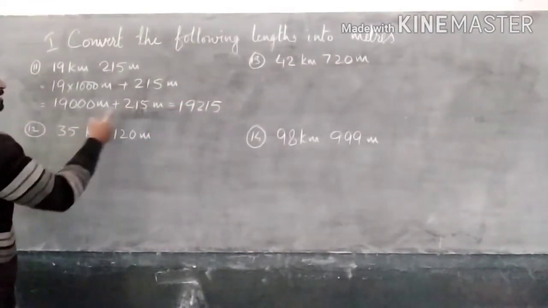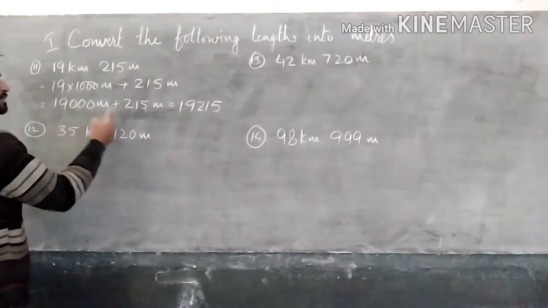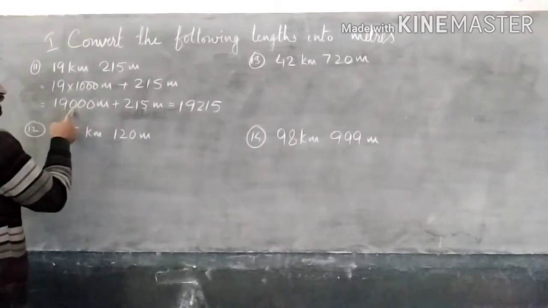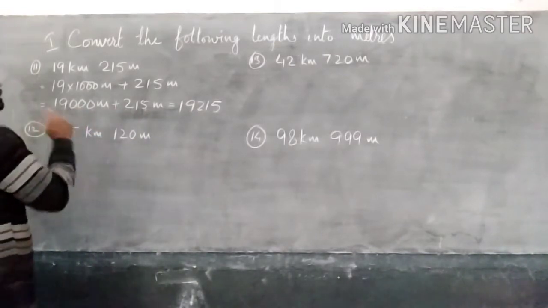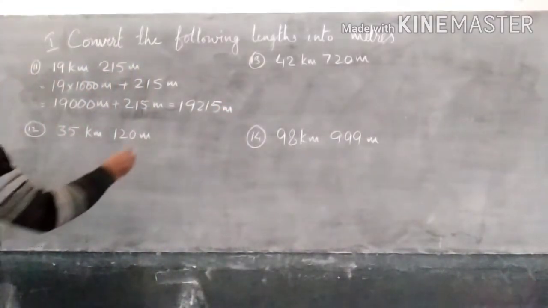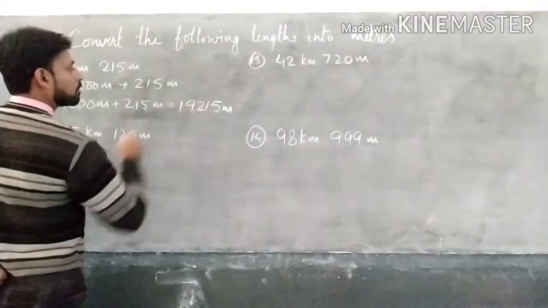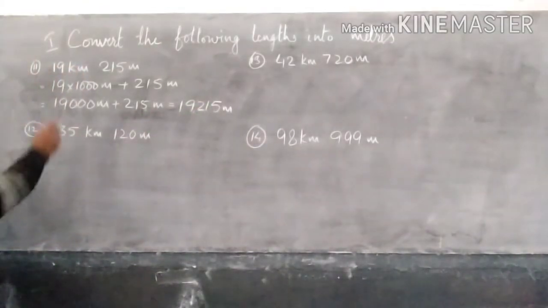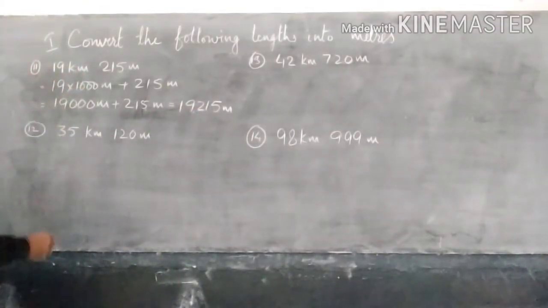So 1s with 1s, 10s with 10s, 100s with 100s, and then 1000s and then 10,000s places. So this is 19,215 meters is the answer, right?